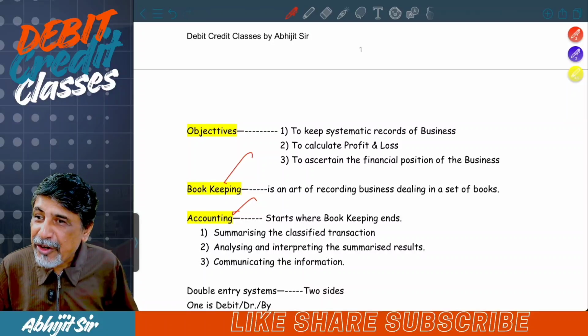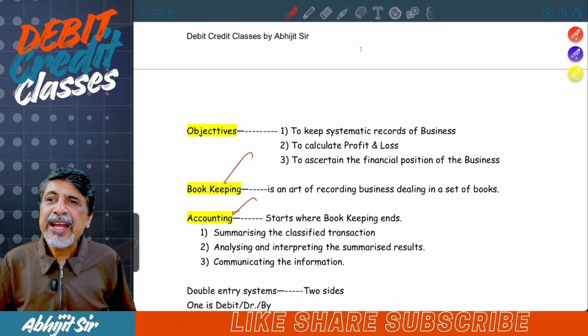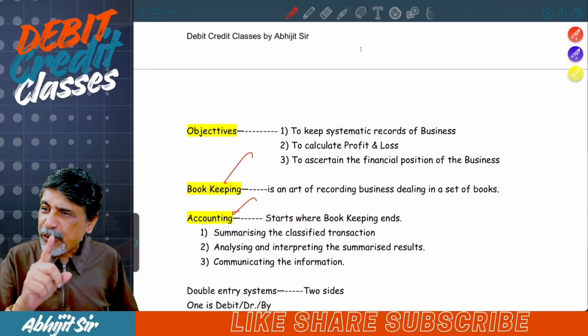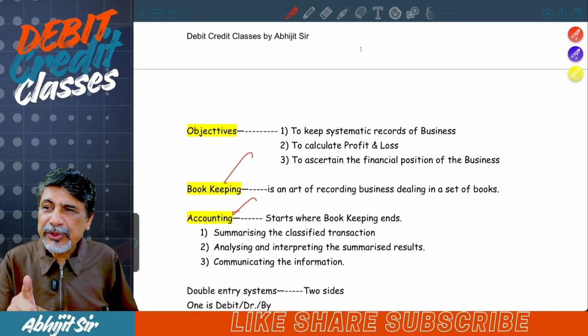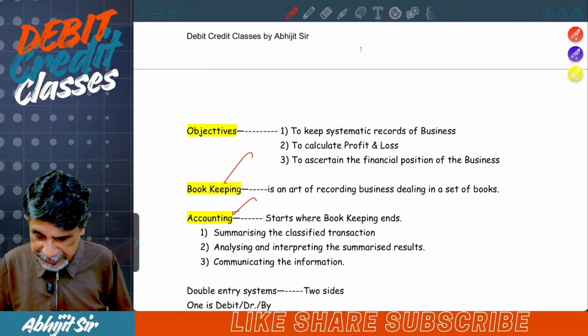That is the duty of accounting. Those who do the accounting work are called accountants. Those who maintain the bookkeeping work are called bookkeepers, and those who maintain the accounting books are called accountants.